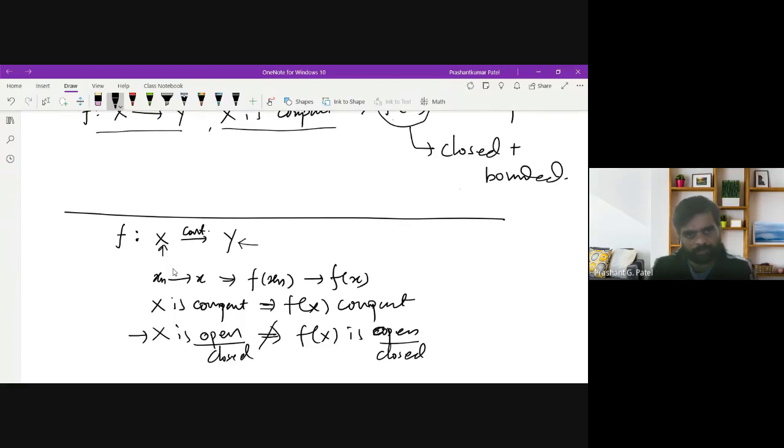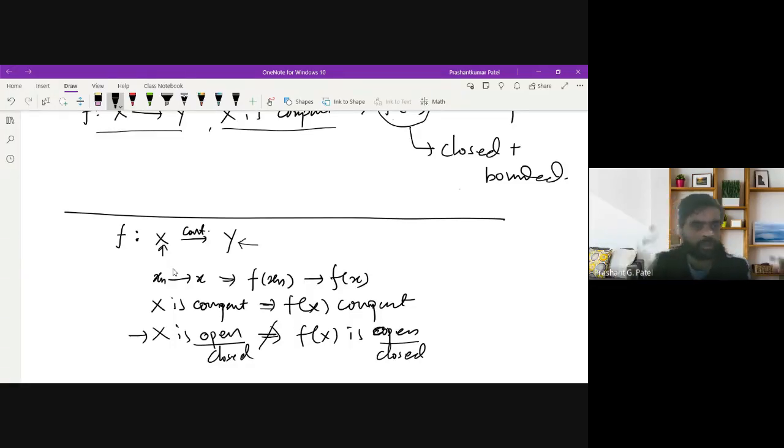This is the first question. The second question I can ask is, if X is complete, can we say that f of X is also complete? And there are other same kind of questions you can ask by yourself and try to find out the answers for these questions. There are lots of questions you can ask here.